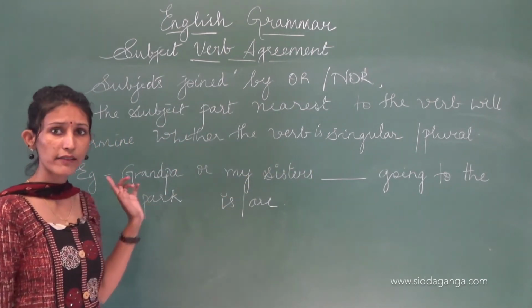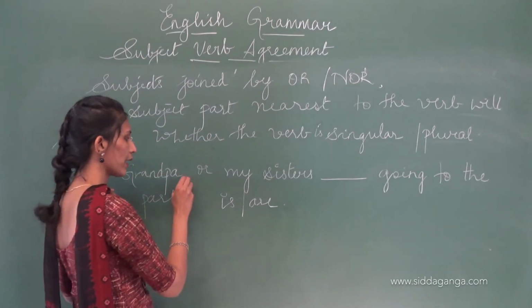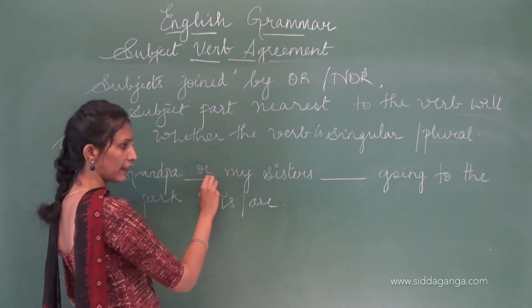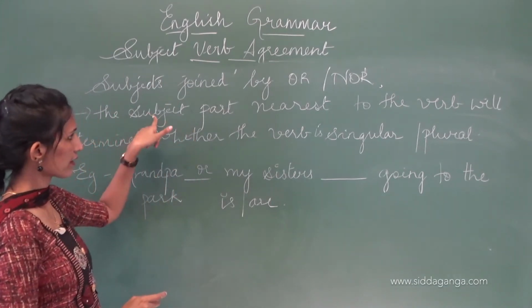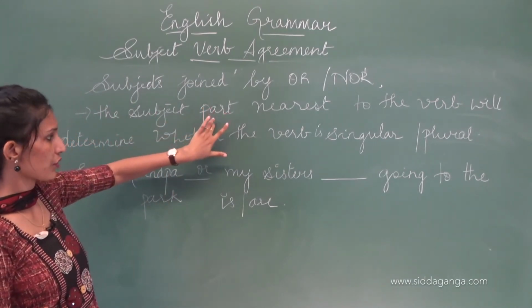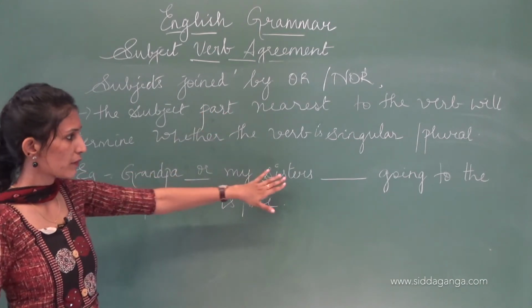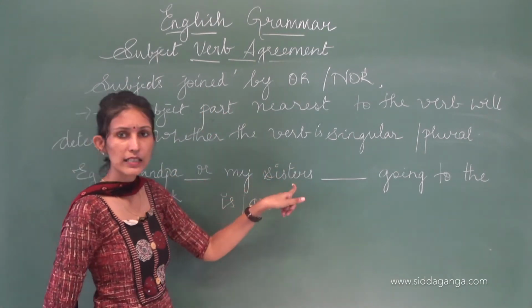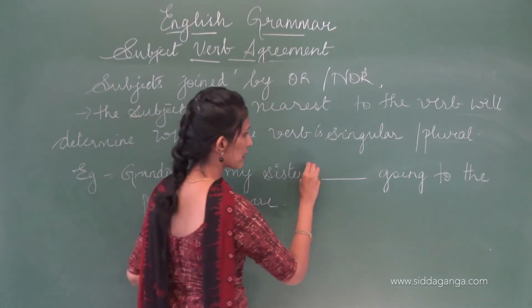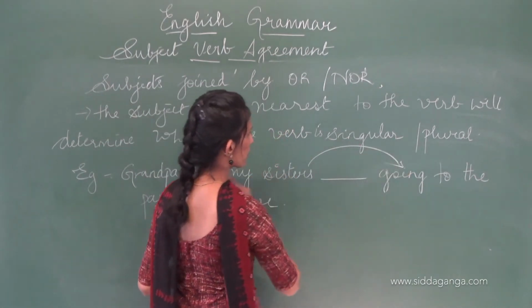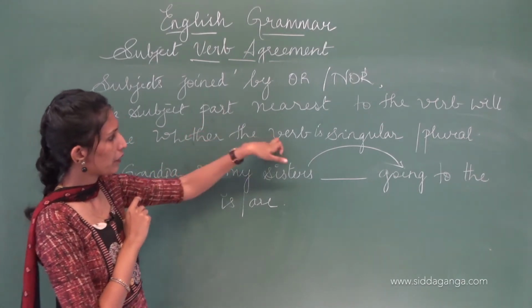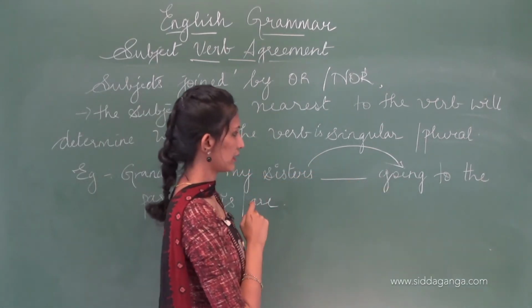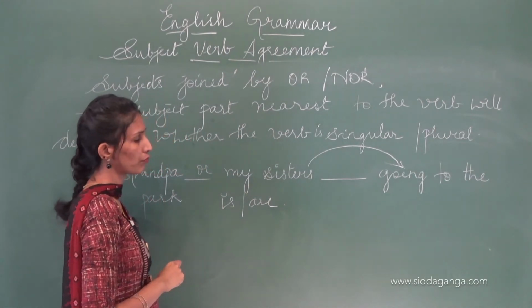Now what is our rule? If it is being joined by or, nor, what is it? The subject part nearest to the verb. Which is the subject part nearest to the verb? Sisters. Sisters is nearest to the verb here. It will decide whether the verb is singular or plural.